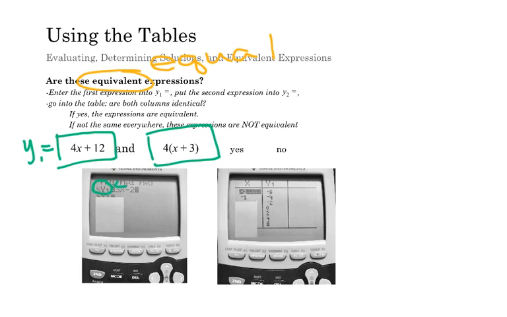So go ahead and make sure it ends up saying 4x plus 12 in there. Your second expression goes into y2, which is this next guy over here. Okay, so put 4(x plus 3).